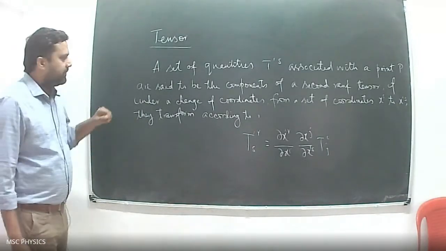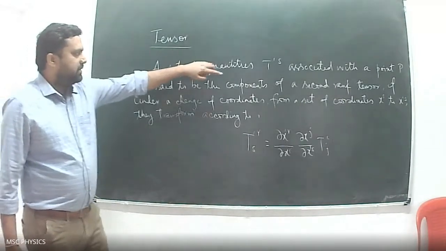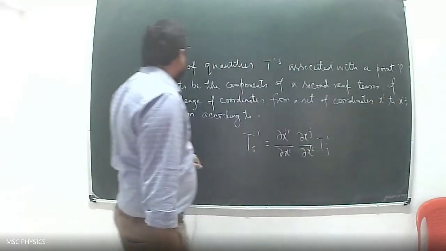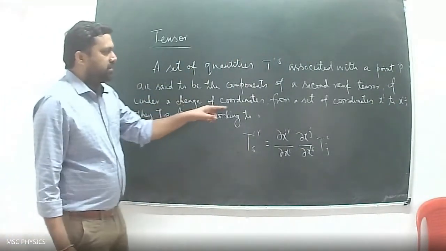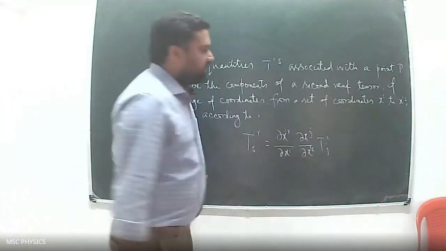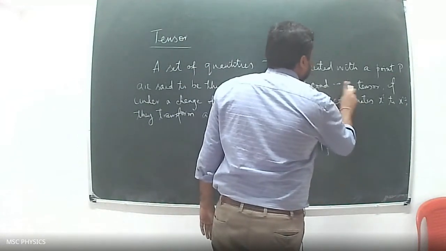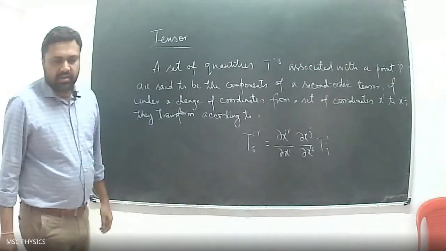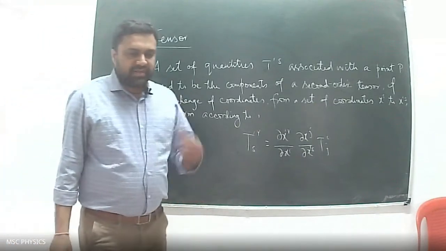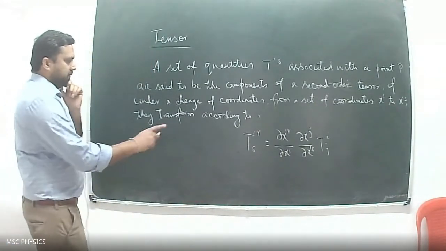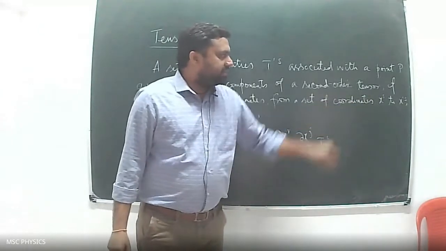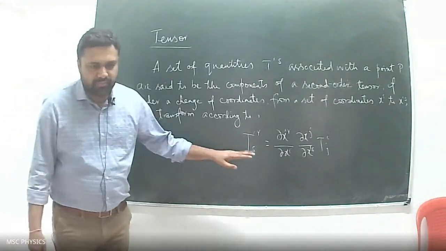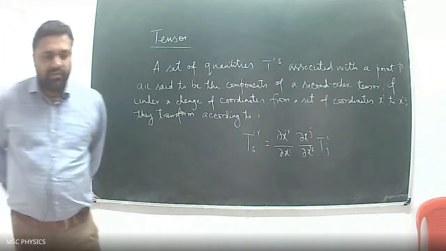Let me read it again. A set of quantities t primes, which are these, associated with a point P are said to be the components of a second order tensor if under a change of coordinates from a set of coordinates x's to x primes, they transform according to this, right?